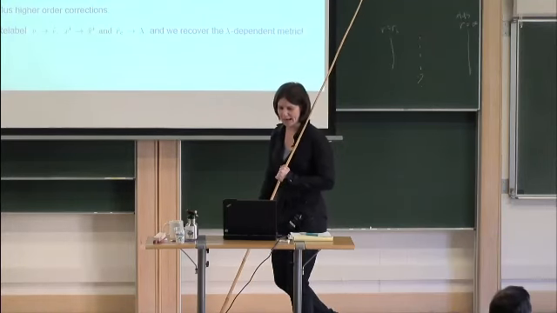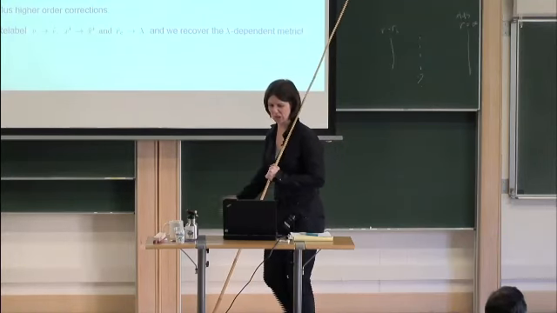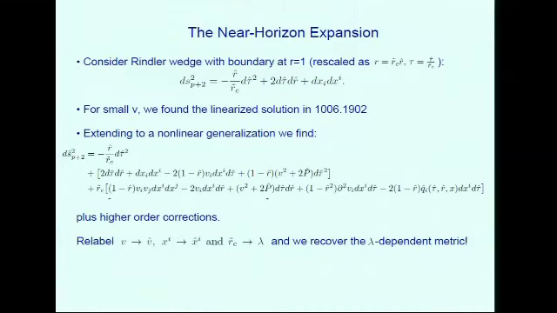And specifically, what we're doing is taking small lambda, and you can work out that small lambda is the same thing as taking the proper distance to the horizon to be small. So conceptually, hydrodynamically, we'll forget about the AdS.